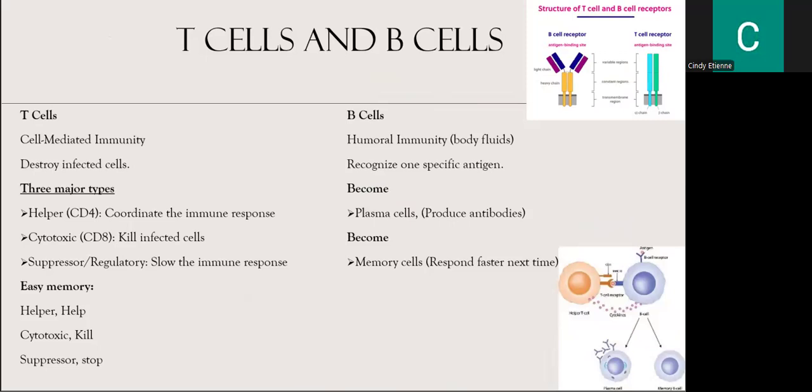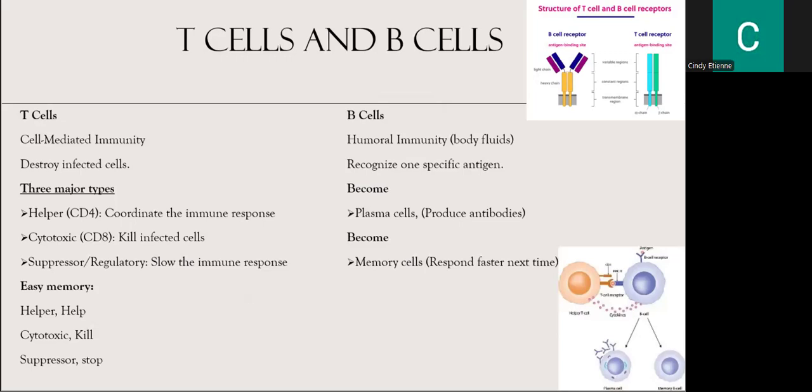So T cells are the immune system's attack cells. When they recognize a foreign invader, they release chemical messengers called cytokines. These cytokines help destroy infected or abnormal cells directly and also signal other immune cells. Phagocytes come to the area to strengthen the inflammatory response.